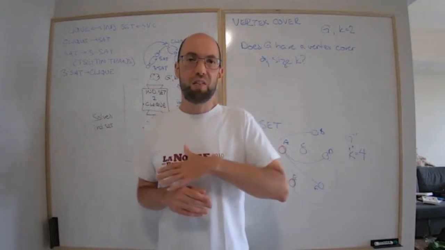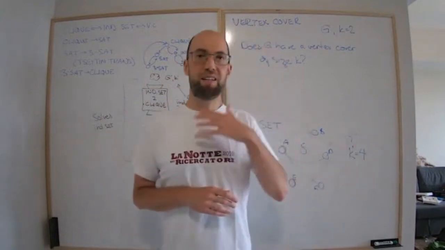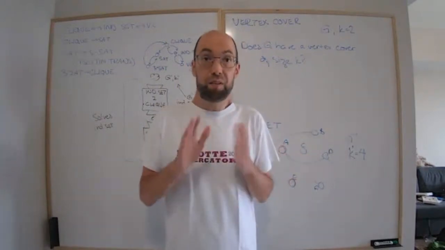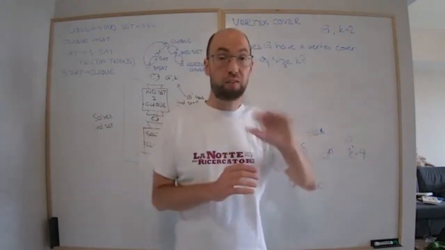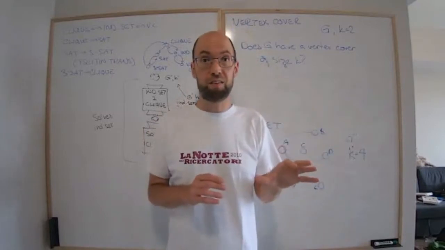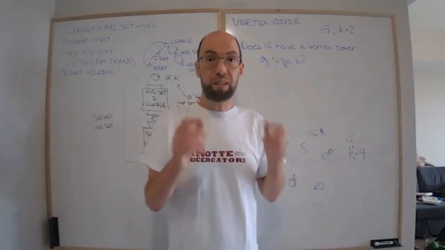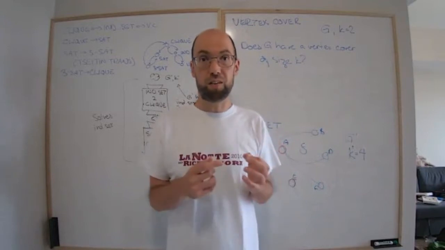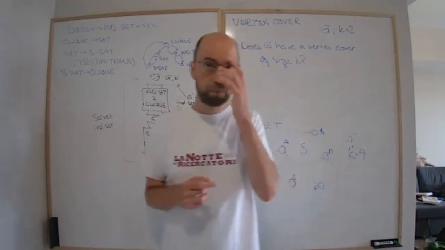So if you take the complement of the independent set, every edge in the graph has to touch one of those vertices. Why?